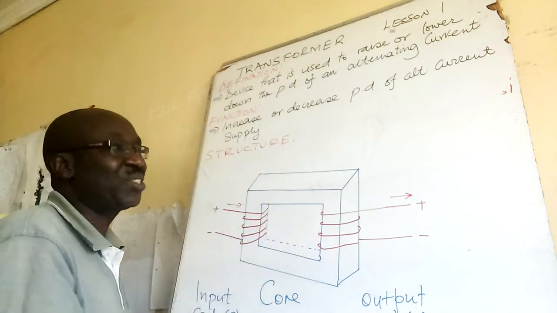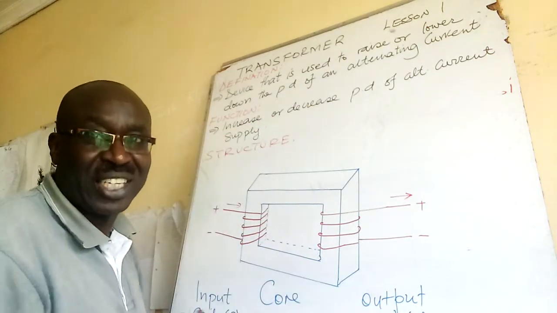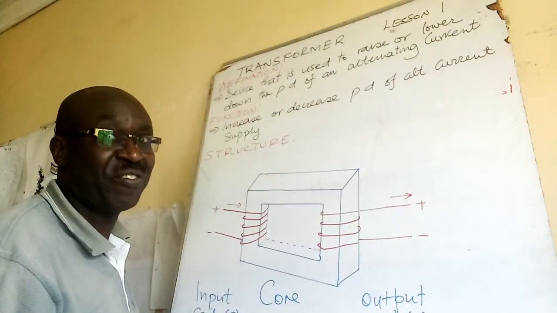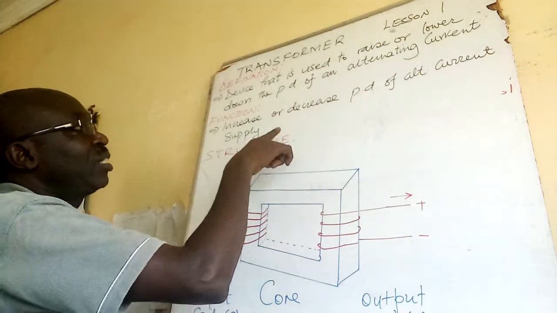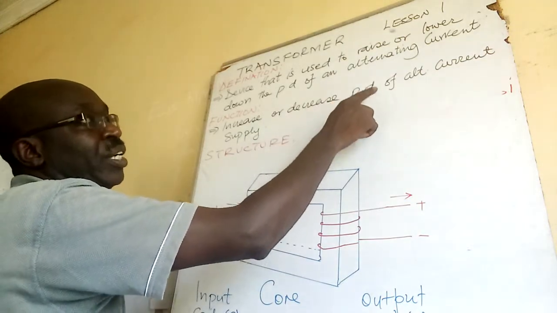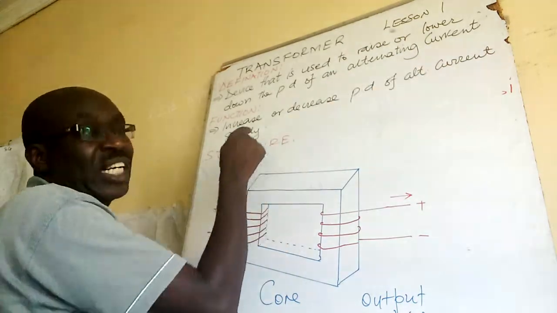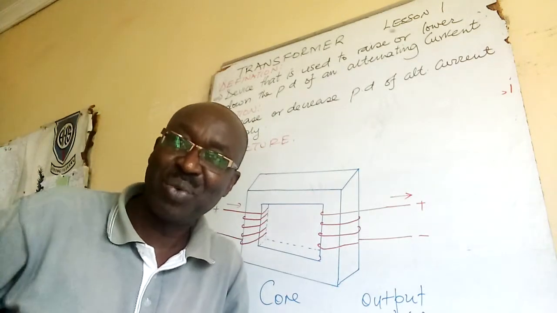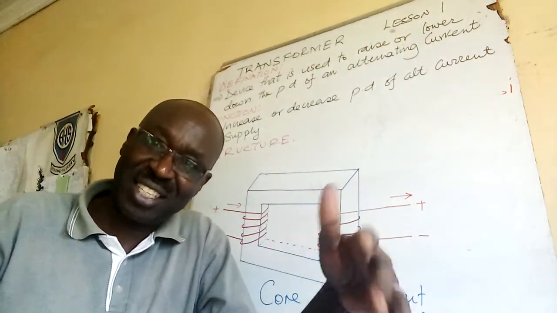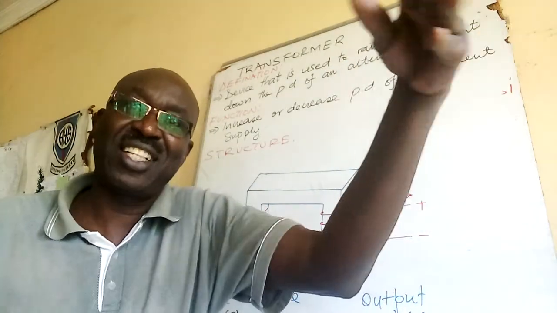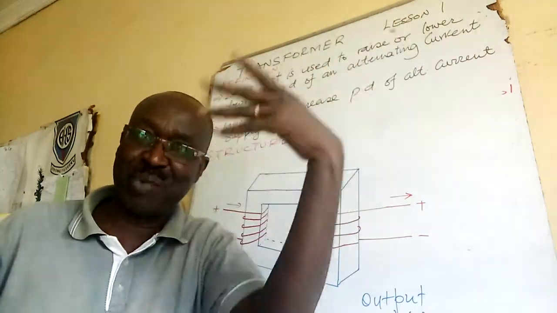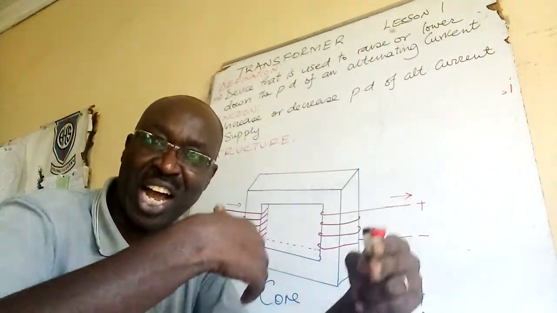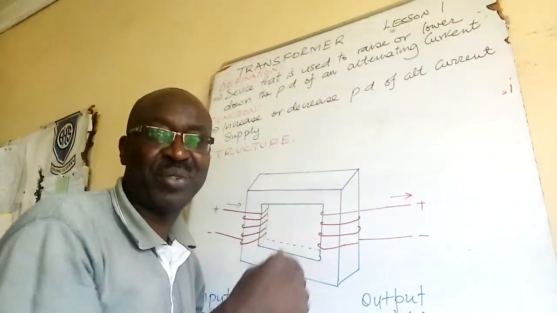It is increase or decrease. What it does for you, that is its function: to increase or decrease the PD of an alternating current supply. There's a word supply there, okay? So we give it something, it does A, B, C, D, then it gives you something, the outcome, the product. You put in something, it handles it, then it gives you something.